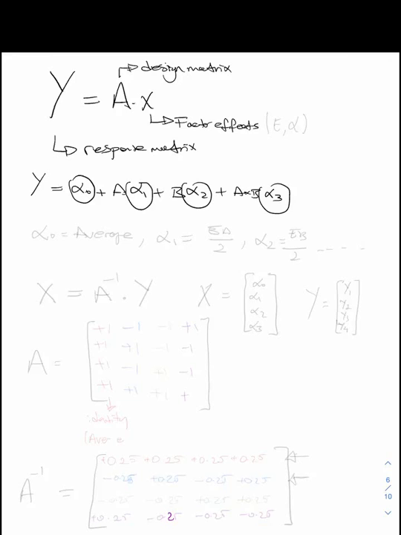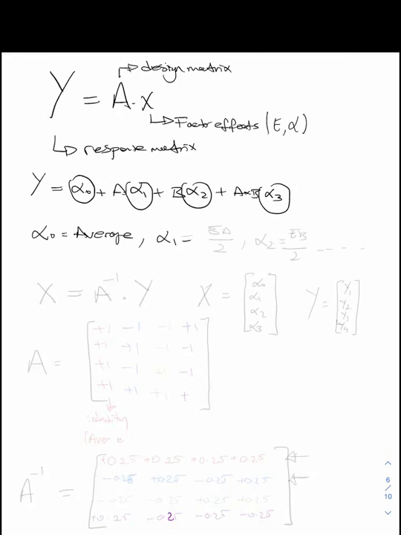Maybe I can write this also as E's, right? Or it could be called alphas, right? So it could be either way. So if I were to use the table format that I've done before, I know that the alpha 0 is the average, right?